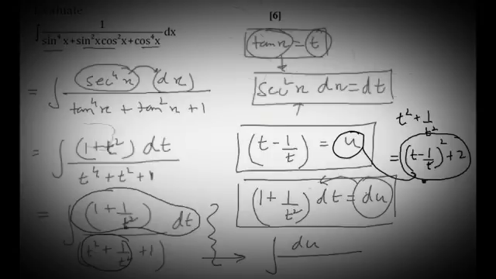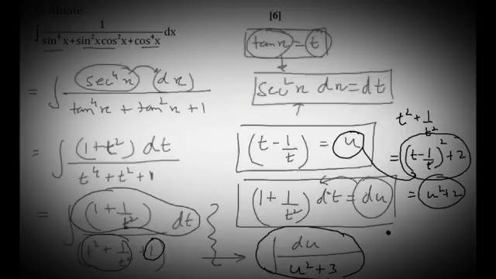So basically in terms of u, t square plus 1 by t square is u square plus 2. But we also have one extra 1 here. So overall your denominator looks like u square plus 3. Now this is a very easy integral. Du upon u square plus 3 is what? In terms of tan inverse, 1 upon root 3 tan inverse of u by root 3.